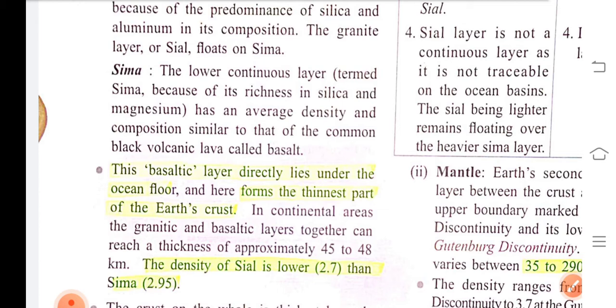This basaltic layer directly lies under the ocean floor and here forms the thinnest part of the earth crust. So it's much thinner than Sial.